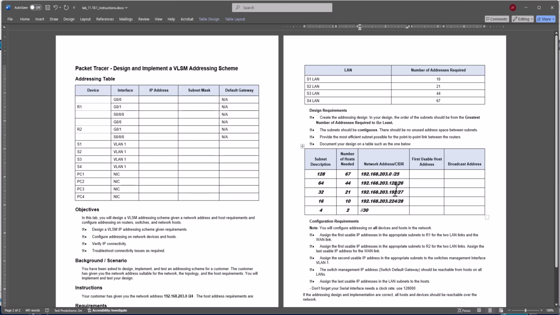Counting by 16s, 224 is a valid starting point. Starting at 224 and consuming 16 addresses, the next network would start at 240. So these are the networks that we would deploy.